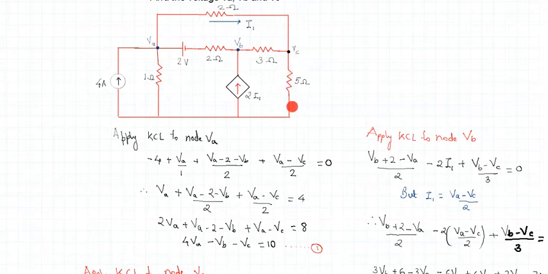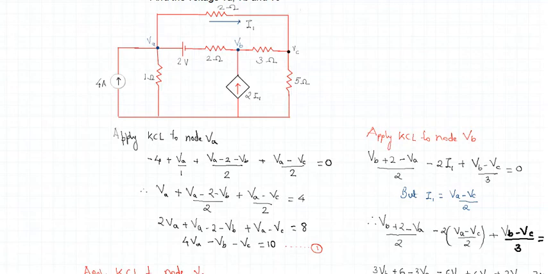Then the current in this branch will be VC minus the reference potential, which is 0, so VC minus 0 by 5, which is VC by 5. And the third current is VC minus VA by 2, VC minus VA divided by the resistance of the path, which is 2. The algebraic sum of all these three gives me the complete equation applied at node C.